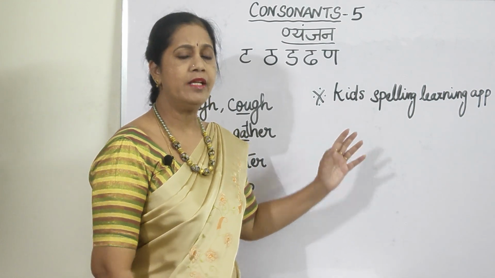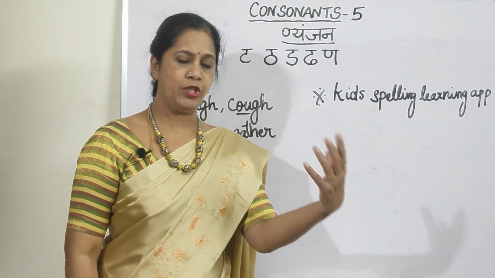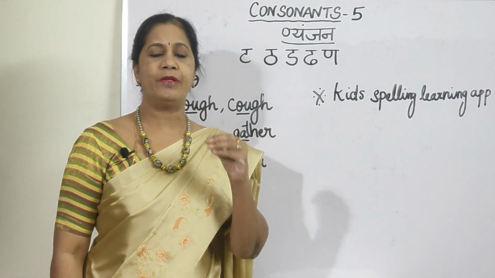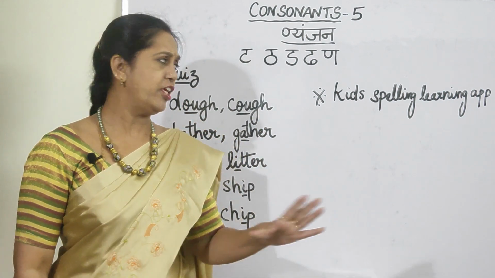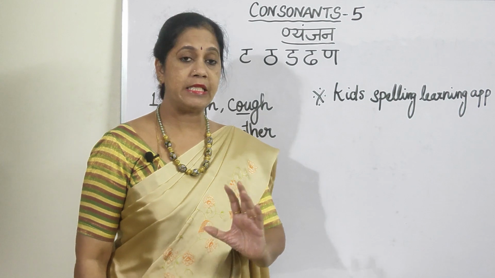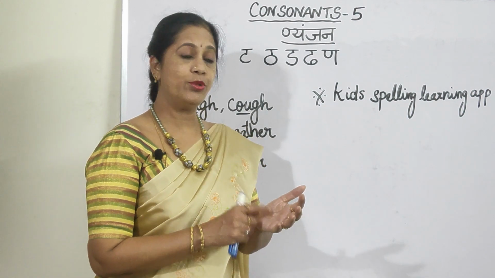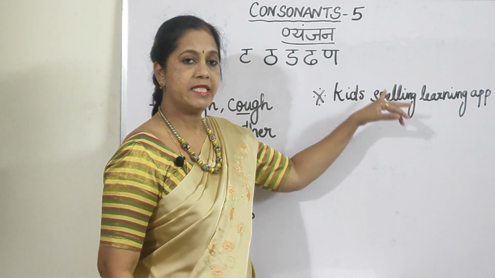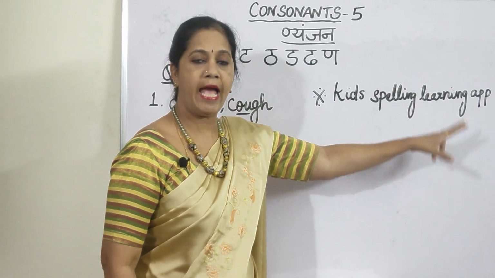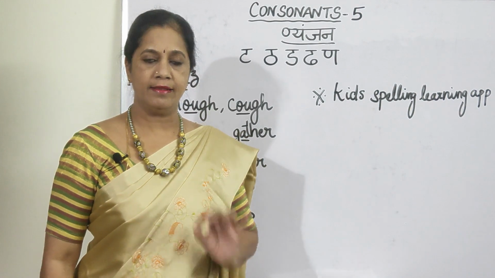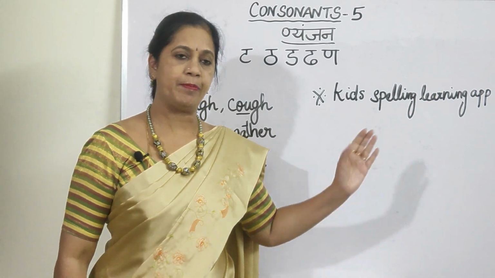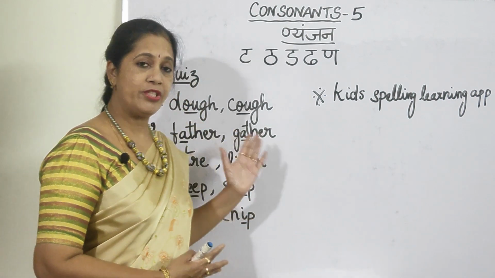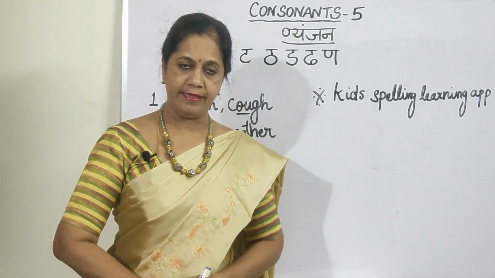Very interesting one for all, whether you want transport vocabulary, or vegetable vocabulary or fruits vocabulary, anything you name it and you have in that list, and you can try to play. Now listen here, that app is Kids Spelling Learning App. You can download it from the Play Store, and you can improve the language, that is English as well as Hindi.